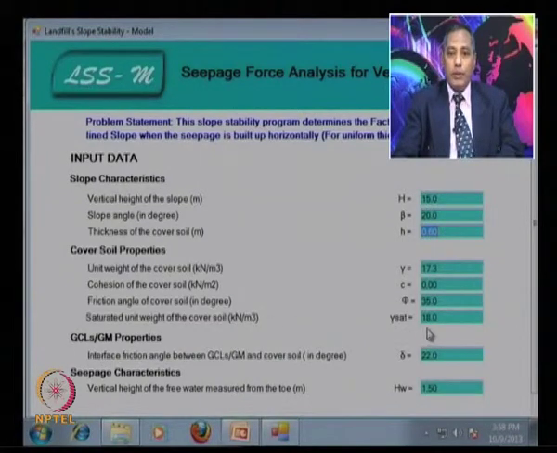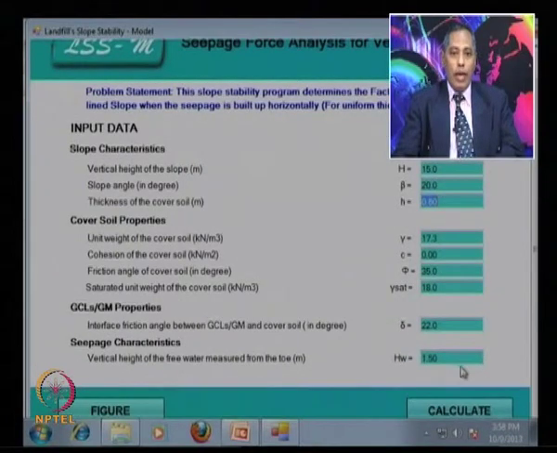So, this gamma saturated is 18 kilonewton per meter cube. Geosynthetic clay or geomembrane property, that is delta is equal to 22, and the seepage characteristic, this is the vertical height of the free water measured from the toe, that is HW is equal to 1.5 meter.